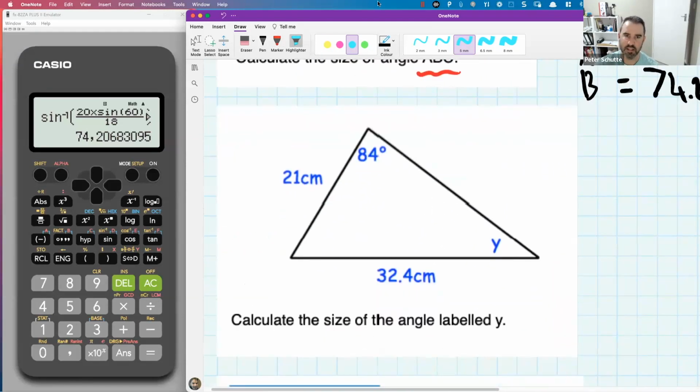Can you find me the size of the angle Y? You can use whatever you like, but the sine rule would be a good idea.